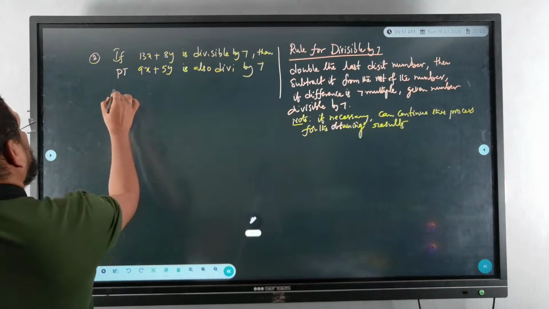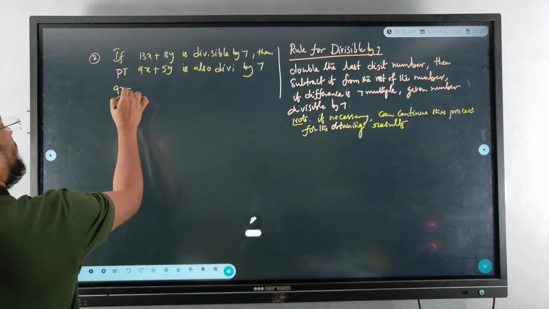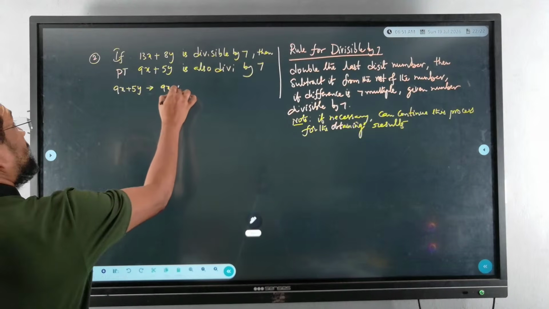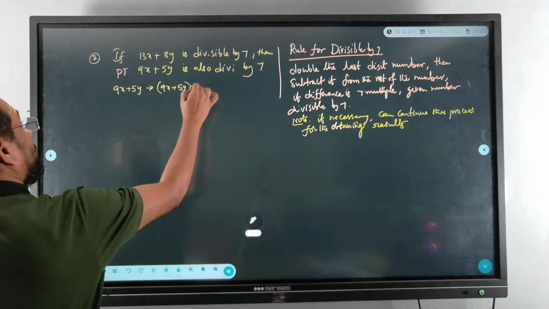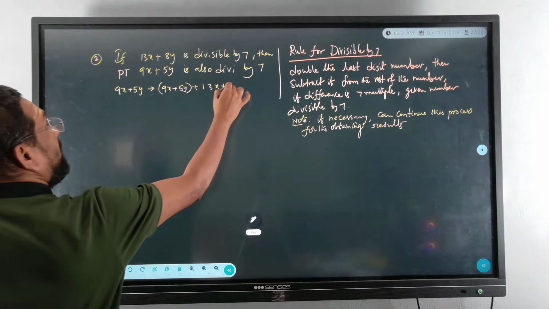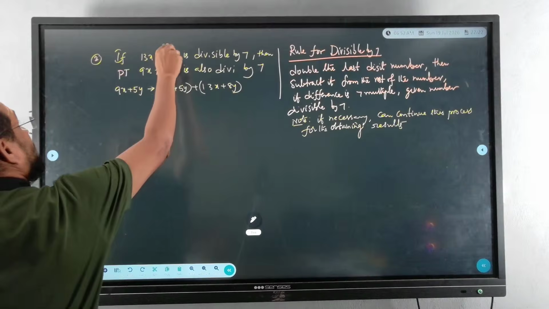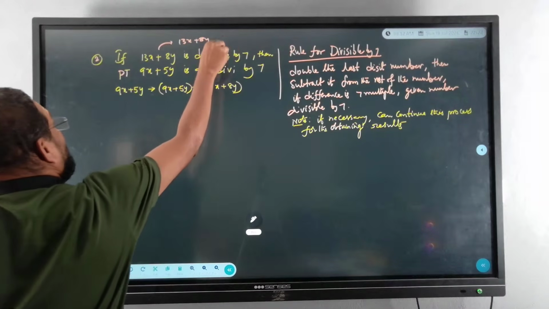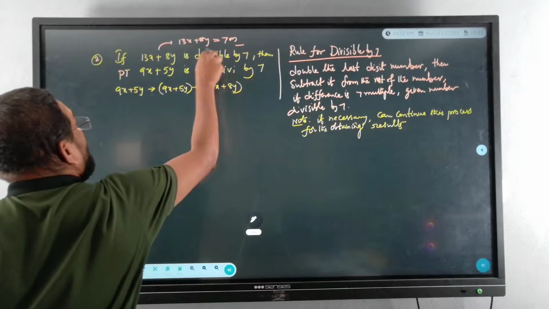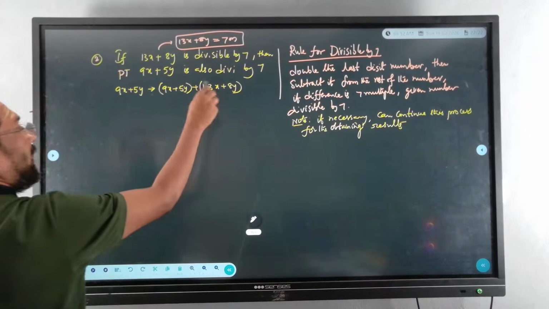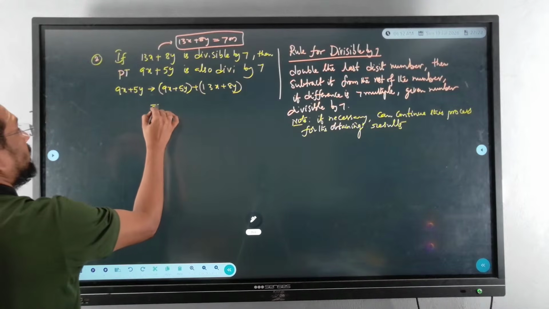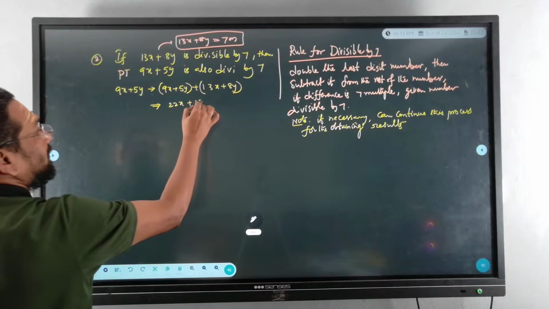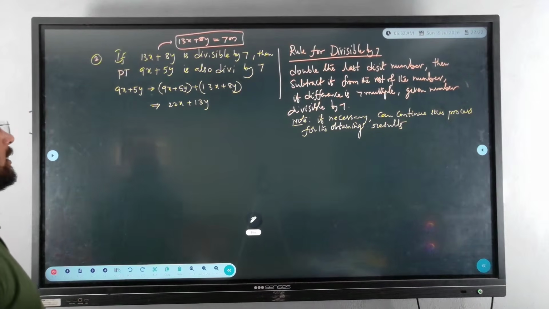So now we have to check 9x plus 5y. So add 9x plus 5y to 13x plus 8y, because it is a 7 multiple. So what do we get? 22x plus 13y, there is no 7 in common.